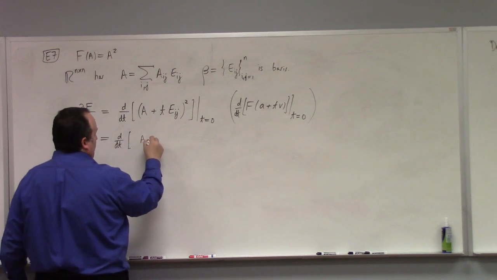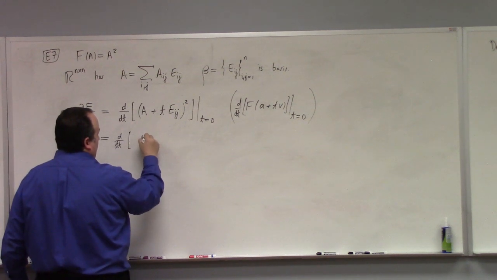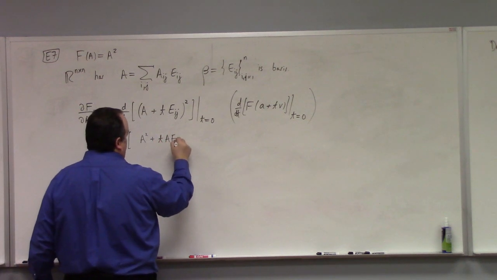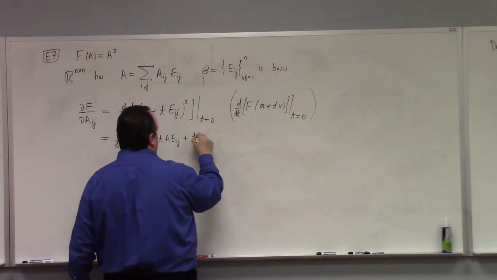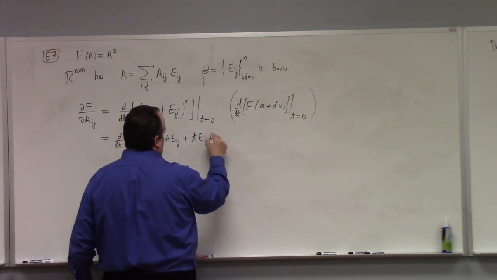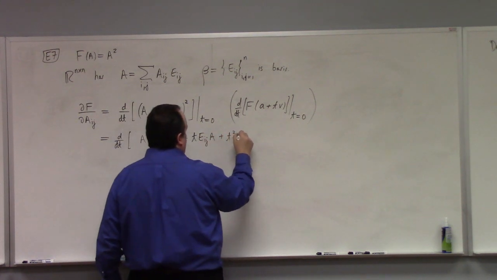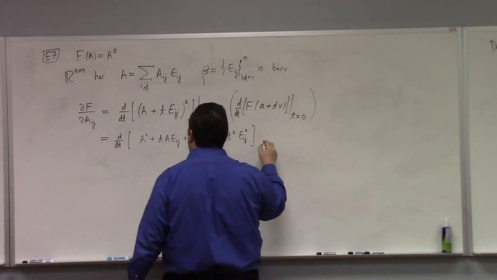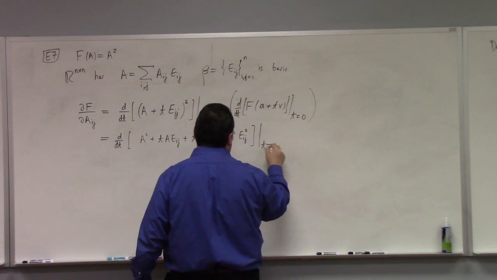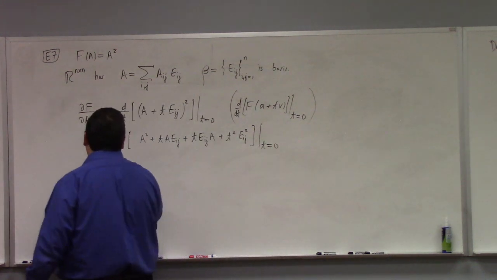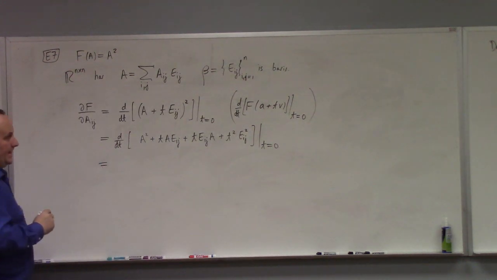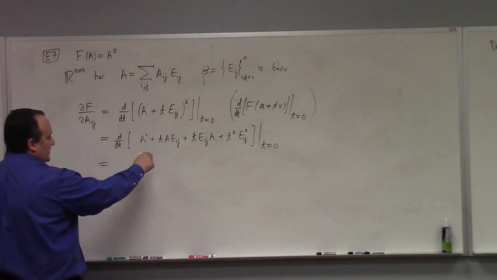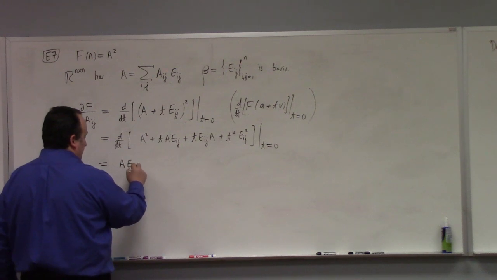Now, we can square that, which gives me A squared plus tA E_ij plus tE_ij A plus t squared E_ij squared. We've got to differentiate all that and then eventually put t equal to 0.